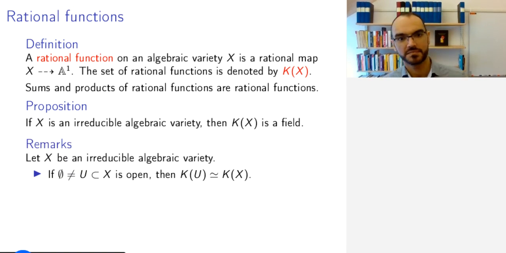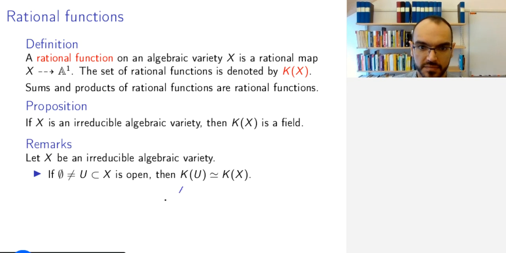So a few remarks. If you take such an irreducible algebraic variety and you take a non-empty open subset, so necessarily then a dense open subset, then K(U) is isomorphic to K(X). It should be fairly clear.